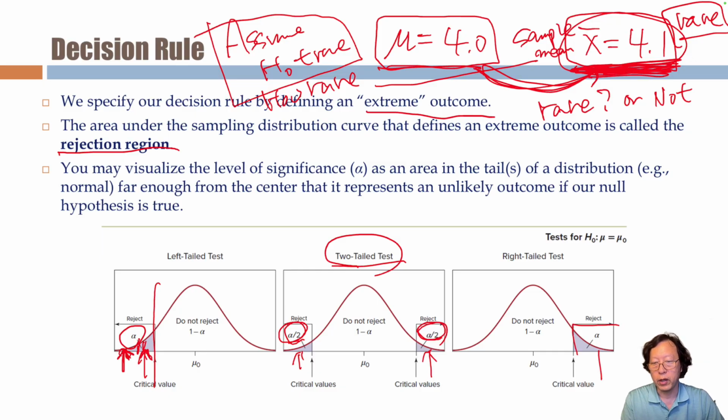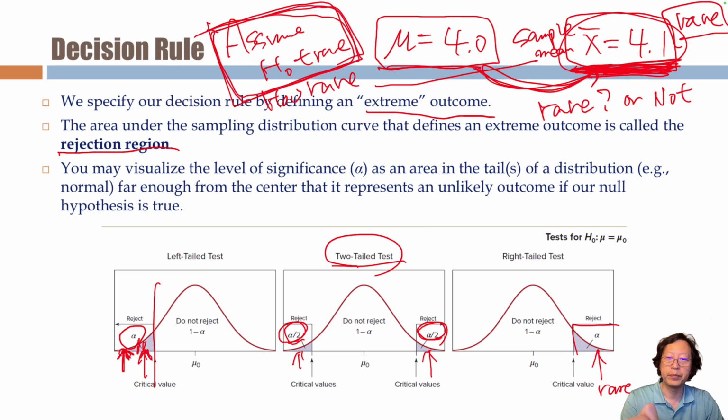But again, if we have a rare case, we can say maybe the null hypothesis is not true, and we can reject it. So we always find the statistical value, or test statistic, or probability under the assumption that H0 is true, then we figure out whether our sample mean is a rare case or not.